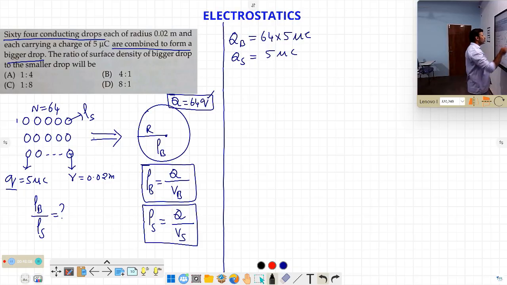Keep it like that. Volume of the bigger drop. The volume of the bigger drop is equal to the combination of all the n number of small drops' volume, that is n times the volume of the small drop.